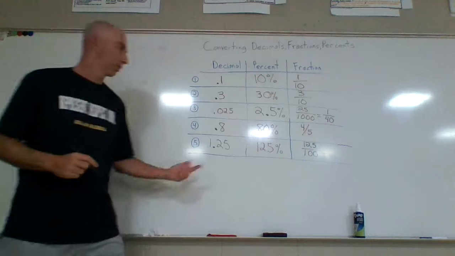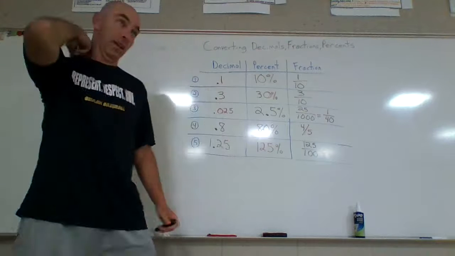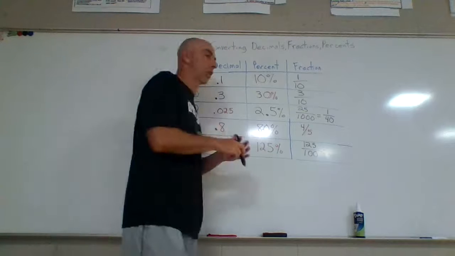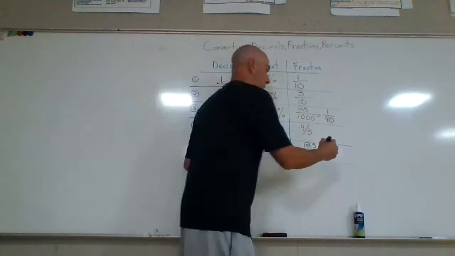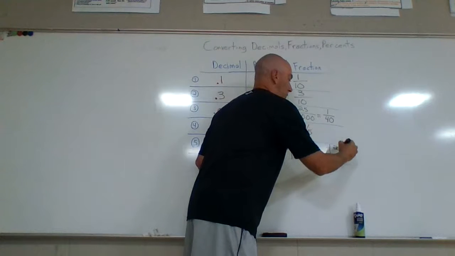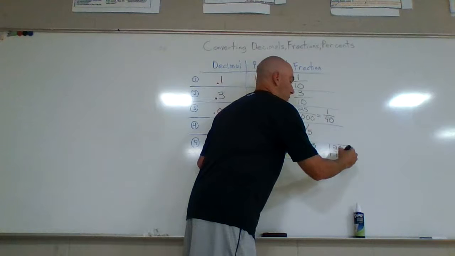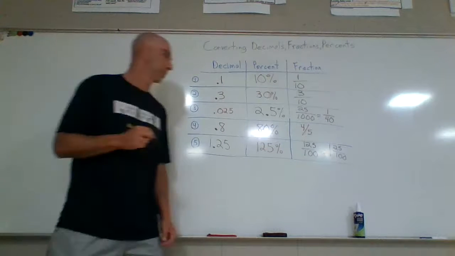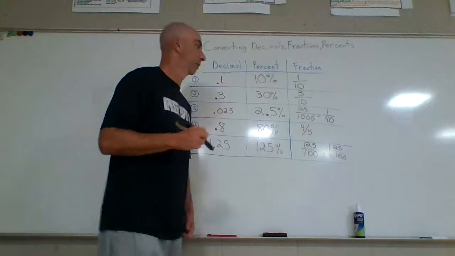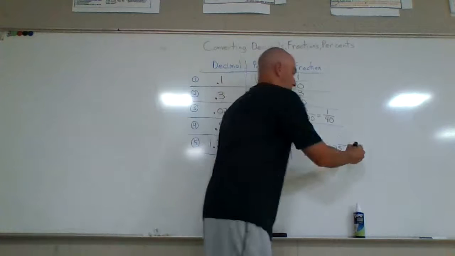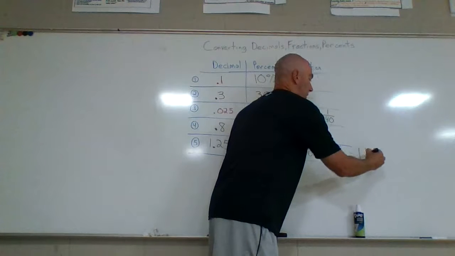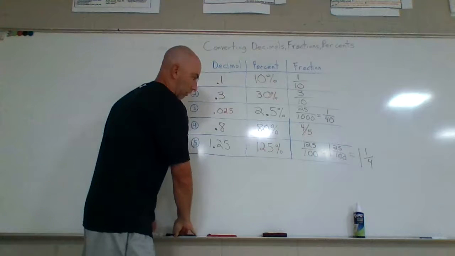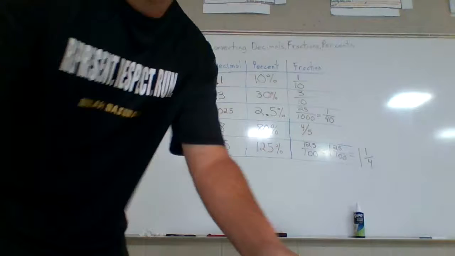And yes, you can have a bigger number on top. You can have a bigger number in the numerator place, but we're going to make this improper fraction into a mixed number. So it's going to be 1 with a remainder of 25 over 100. But 25 over 100 can be simplified into 1 and 1/4.